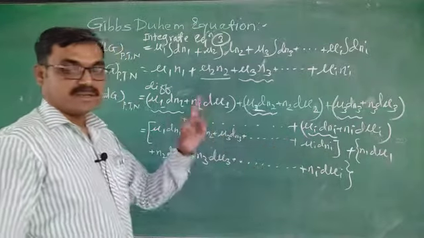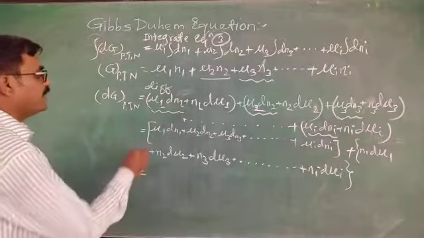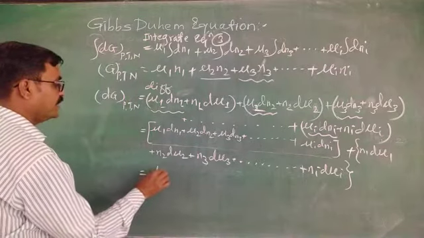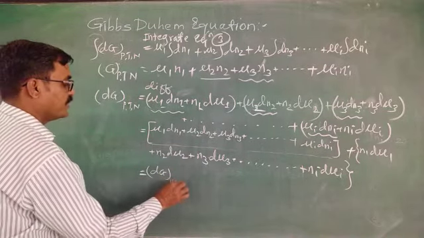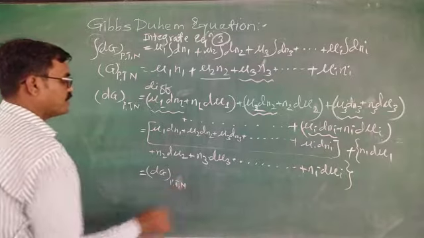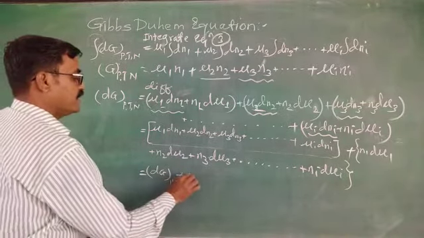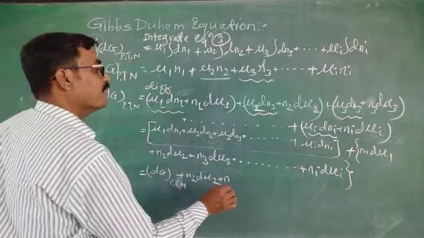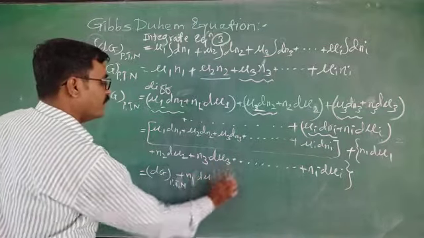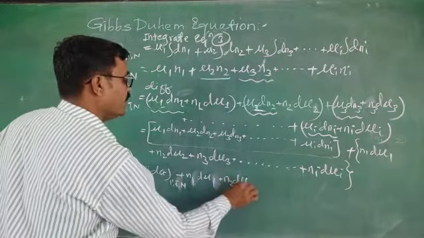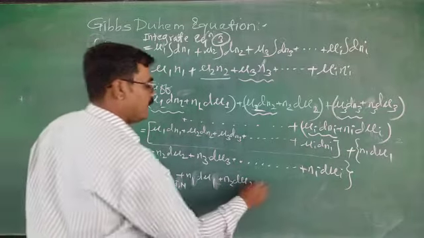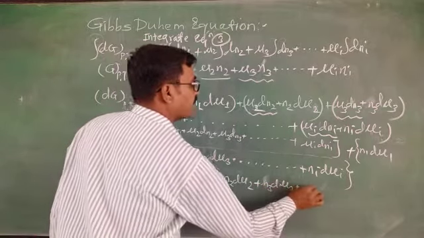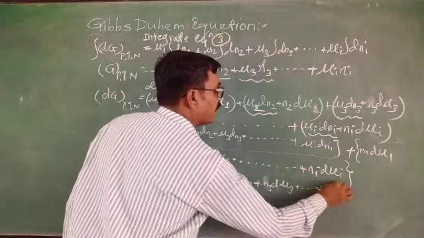Now see carefully, this is mu1 dn1, mu2 dn2, mu3 dn3. This is our previous equation, and this equation is nothing but dG at constant pressure, temperature and number of constituents, plus n1 d mu1 plus n2 d mu2 plus n3 d mu3 plus and so on, ni d mu i.